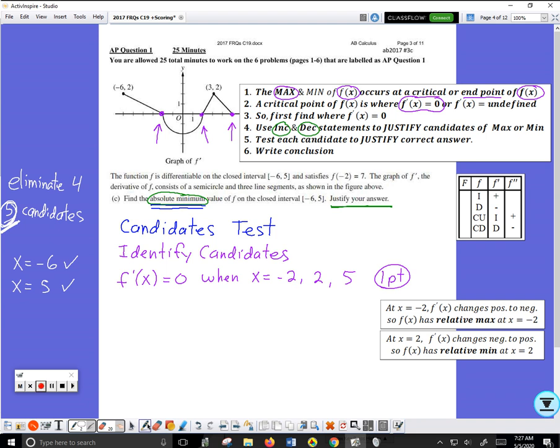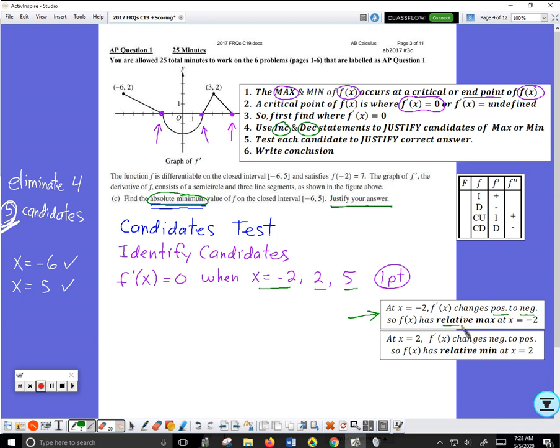So as I'm thinking about what's the best approach, one thought is looking at x equal negative 2, I decide to write this. At x equal negative 2, f prime changes positive to negative.